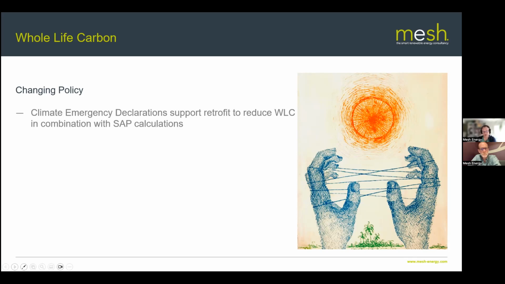And of course, the new Part L's SAP 10.2 calculations are now a lot more stringent than they were a couple of years ago. But at the same time, these climate emergency declarations and these policies are there to support more sustainable new build. So if you're making a case whereby for an existing building it's not feasible to actually do retrofit, then it's at least encouraging a highly sustainable alternative.